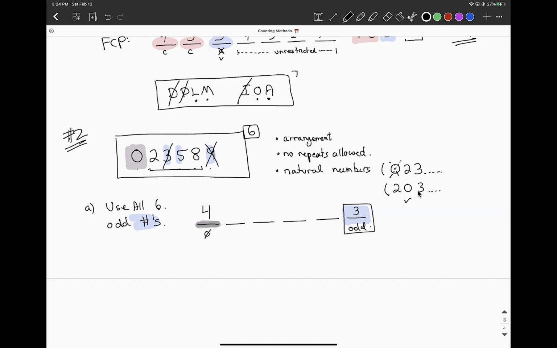Now we can move on to arranging. Now, whatever's left is going to work. 0 is back in the game. Everything that hasn't been crossed off is available. And that's 1, 2, 3, 4, then 3, then 2, and then maybe the last digit.